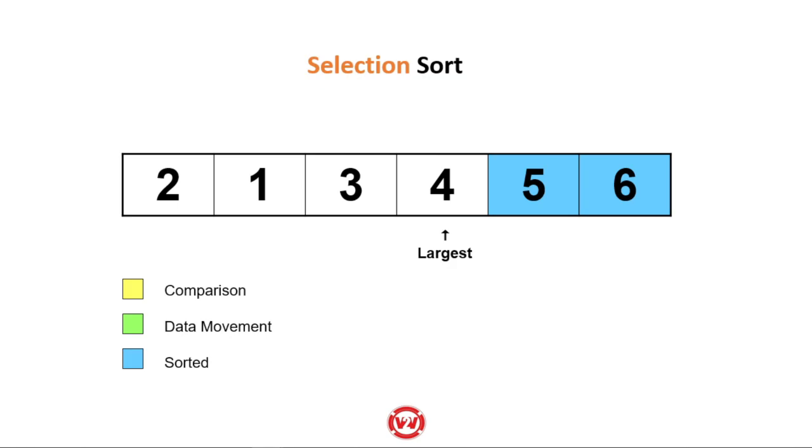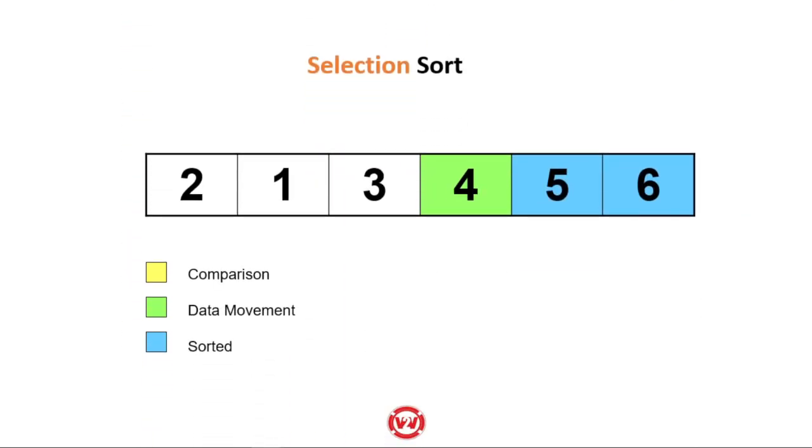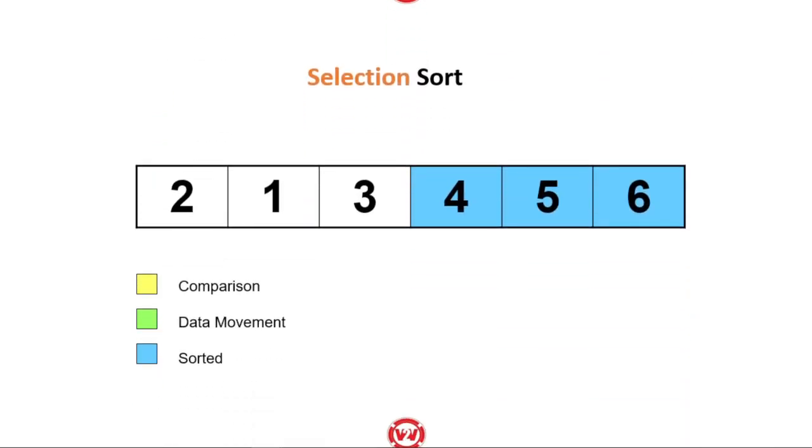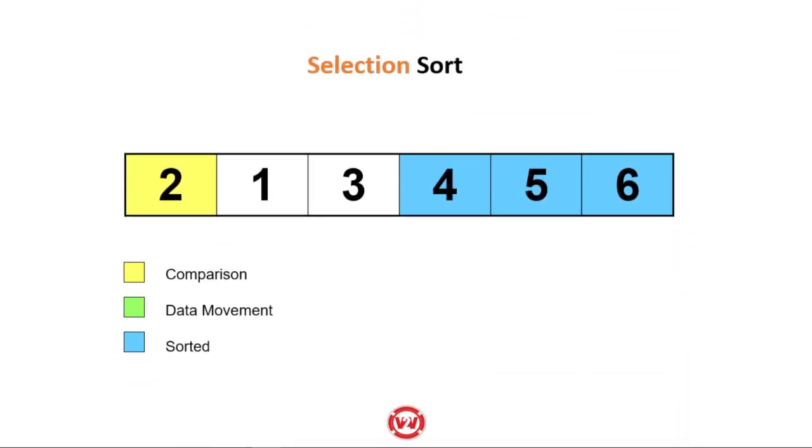I do not have to swap 4 because 4 is already at the third largest position. So now I have to repeat this procedure with 2, 1 and 3. So hence I am not going to move 4 anywhere, and 4 is fixed at its given location.